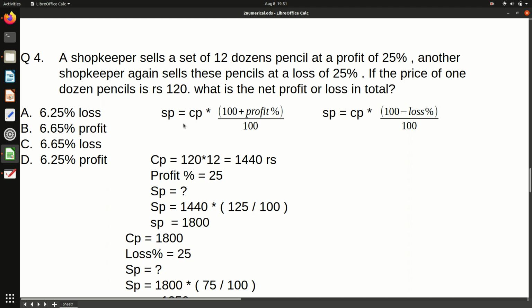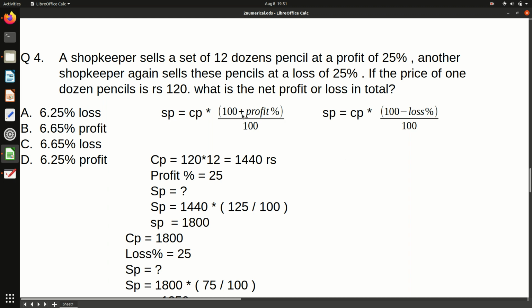This formula, as you can see, is a relation between selling price, this one is SP, and cost price, and if you are given profit percent, then use this formula. And if you have questions in which there is loss, then you can use this formula. So these two formulas will be frequent. So just remember this, both are similar.